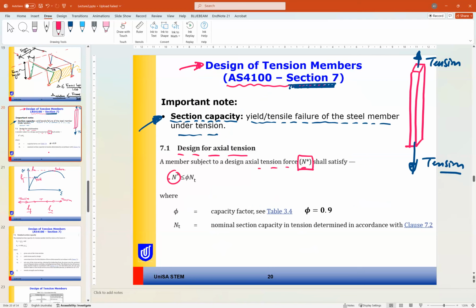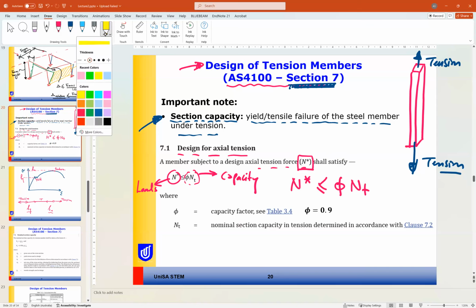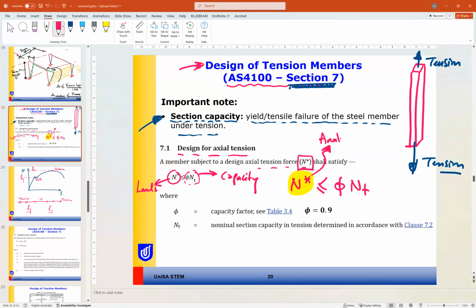Again, N asterisk is the applied load and phi Nt is the capacity, similar to the earlier criteria. N asterisk is the applied load you will calculate based on your analysis of the member or the frame, whatever member you are designing. So this is from analysis.